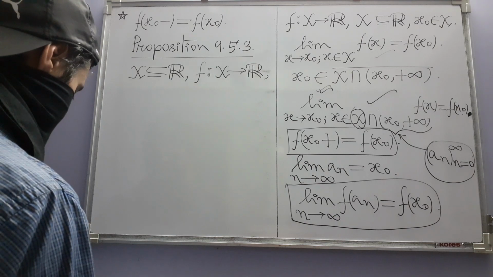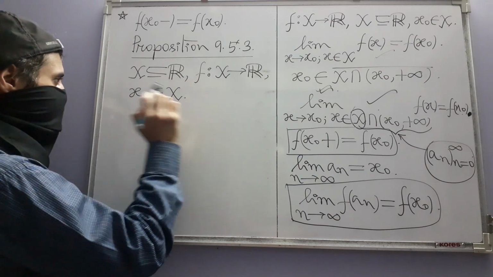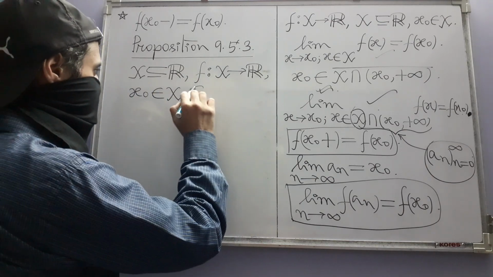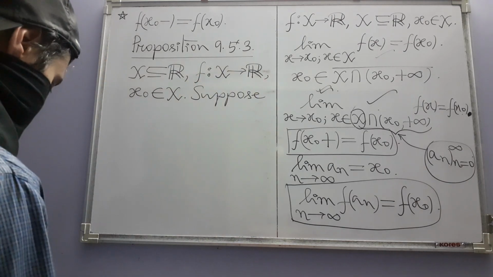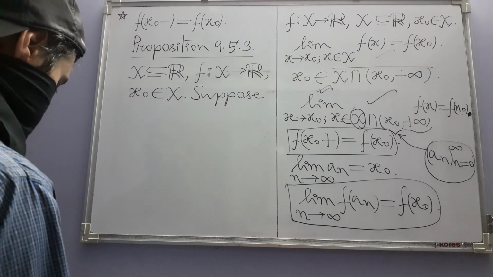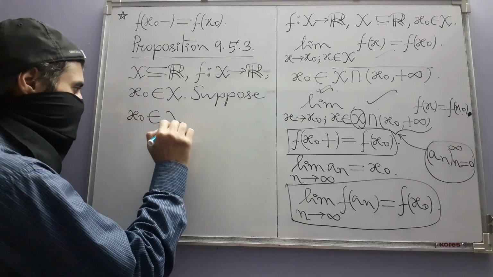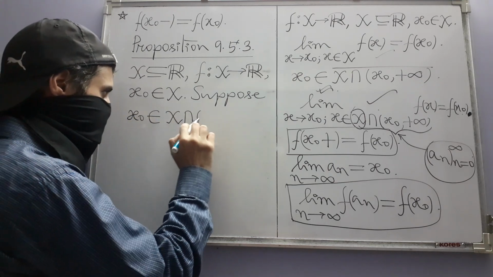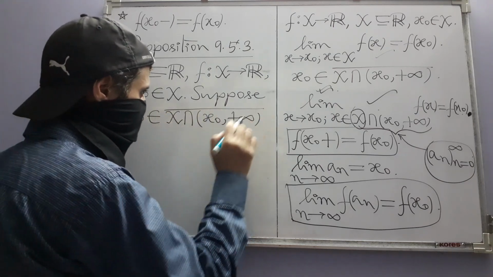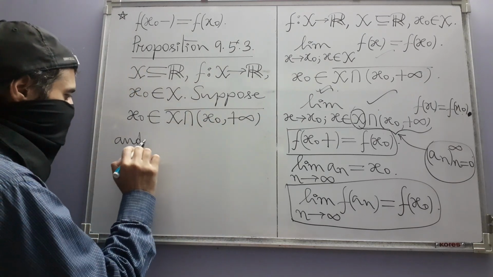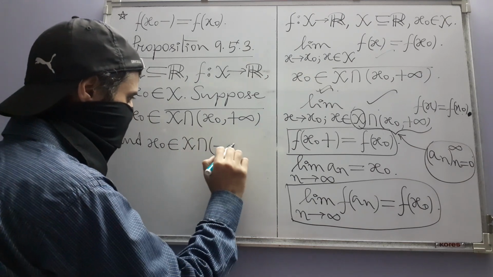Let x naught be a point in X. Suppose that x naught is an adherent point of this set, and x naught is also an adherent point of this other intersection.